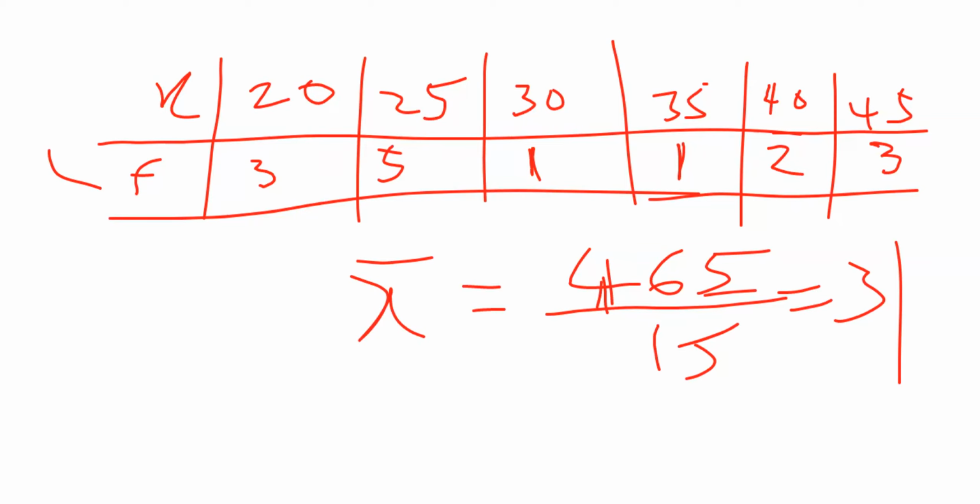Good. Now we have here a table like this. This is our X. This is our frequency. So we have 20, 25, 30, 35, 40, 45.